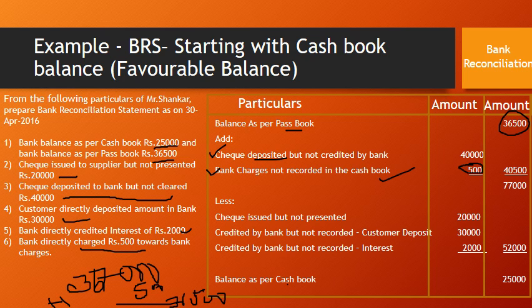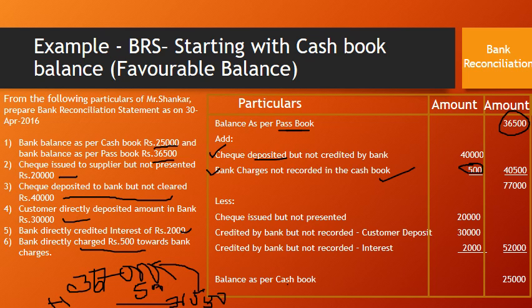That's why we are adding back this 500 to take the balance back to 37,000. Whatever the transactions in the cash book, we are adding their impact. Whatever the transactions in the passbook, we are nullifying that impact.